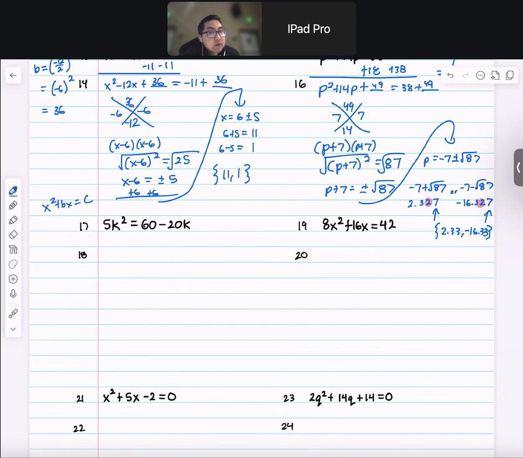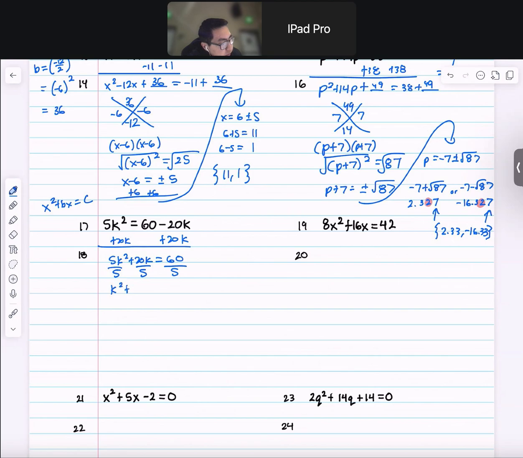Okay, number 17. Now remember, we want this to look like the form x squared plus bx equals some number, right? Okay, a couple of things wrong here. First of all, we should add this 20k to this side, right? 5k squared plus 20k equals 60. Another thing I notice is you cannot have an a value when you complete the square, so divide each of them by 5.